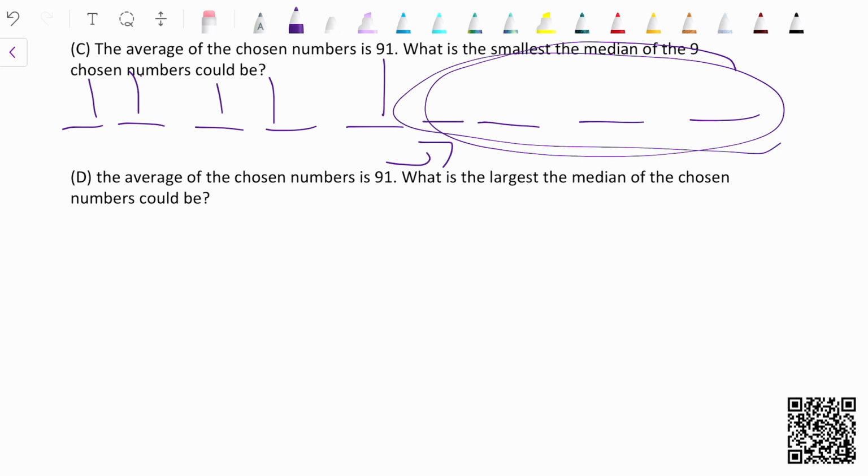One of them is just going to have to take the brunt of 2 90s, aka 180. However, it's not really asking what the other numbers are. We do not necessarily need to know this. It's just 91 plus 90, 91 plus 90, 91 plus 90, and a 91 plus 180 because there's an extra one and there's only 4 spaces. But yeah, the smallest median of the 9 chosen numbers could be, it is 1.